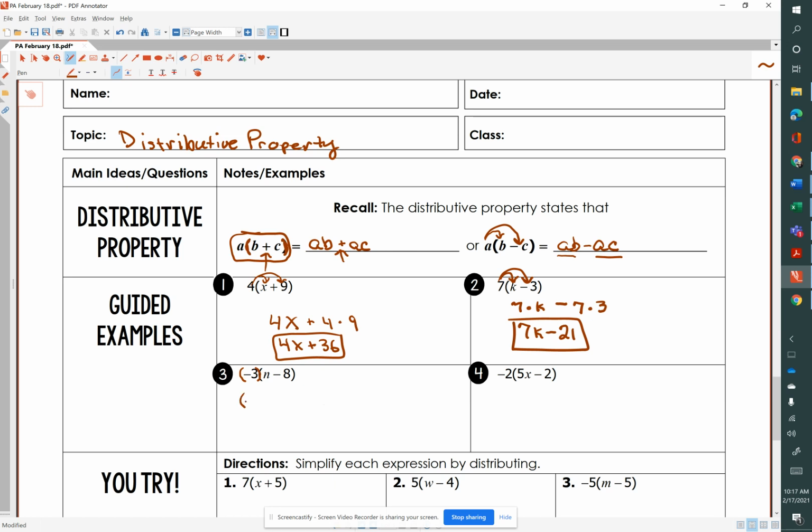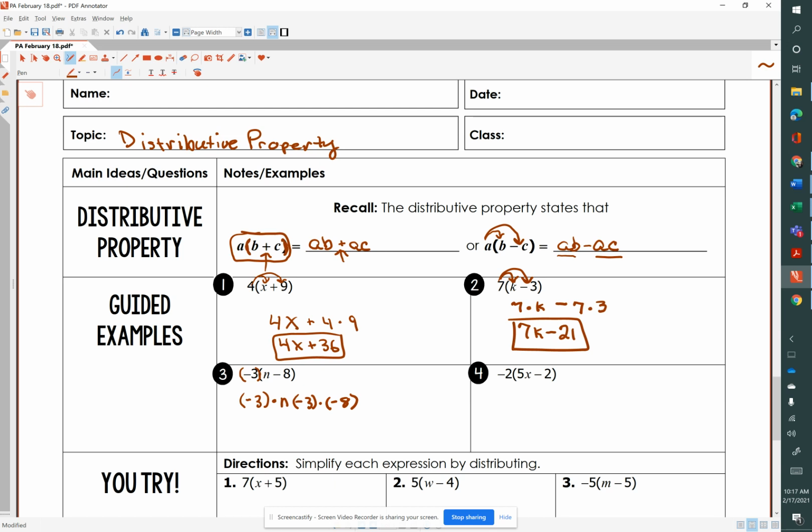So let's watch this again. Negative 3 times n minus negative 3 times negative 8.